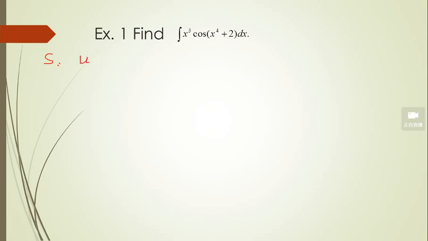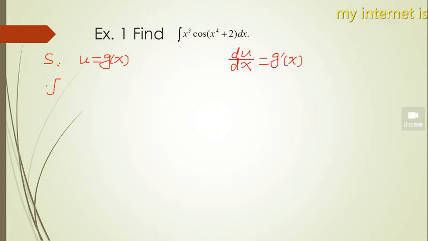So I need to find the new variable g(x), and also work out du over dx, which is g prime. I also need to figure out what the composition f(g(x)) is inside the integrand, and what my f(u) is. We can write this as the integral of f(u) du.